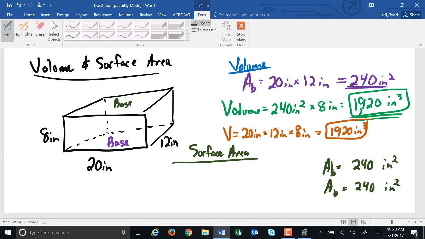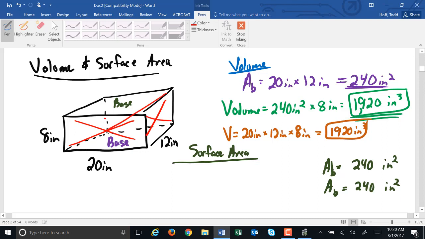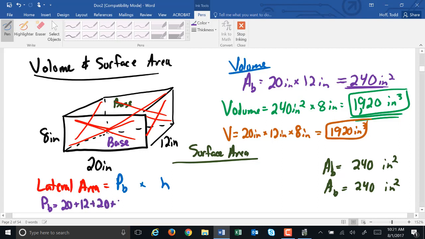So all we need is the lateral area, which is the area of these lateral sides that connect the bases, those 4 rectangles that go around. And for lateral area, remember it is the perimeter of the base times the height. The perimeter of the base is just 20 plus 12 plus 20 plus 12, otherwise known as 64 inches here.